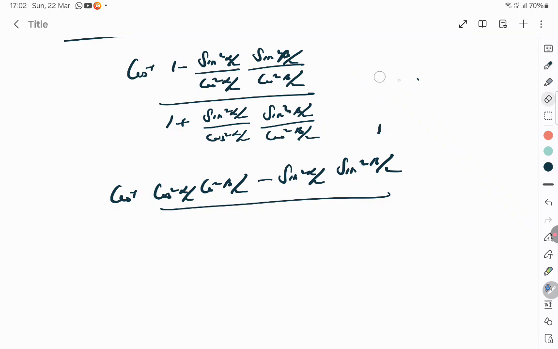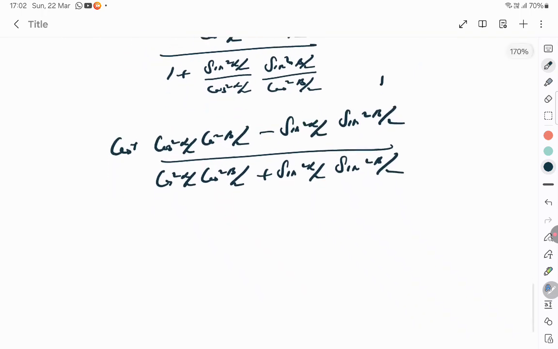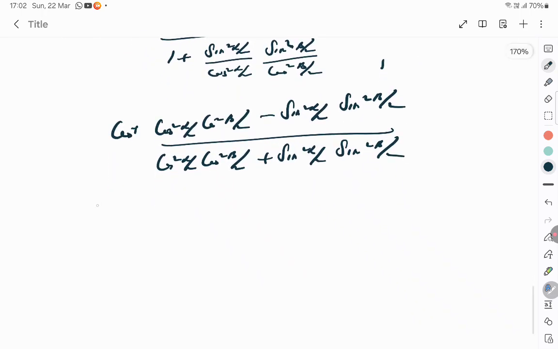So let's take an LCM here also. So you get cos square alpha by 2 cos square beta by 2 plus sin square alpha by 2 into sin square beta by 2. This is where children will struggle. They won't know how to solve this.